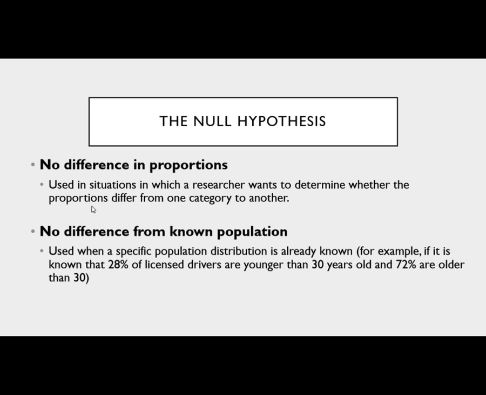This is used in situations in which a researcher wants to determine whether the proportions differ from one category to another, or differ from a known population. So this is used when a specific population distribution is already known. For example, if it's known that 28% of licensed drivers are younger than 30 years old, so 72% are older than 30, or 50% of the population is male and 50% of the population is female.